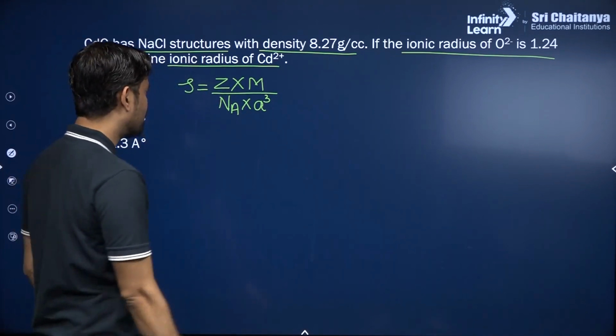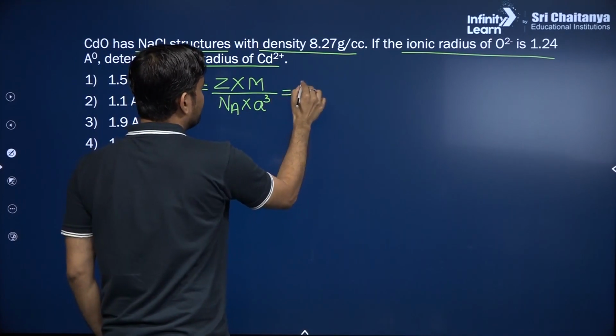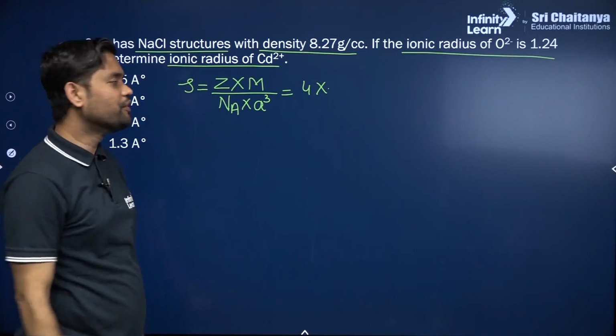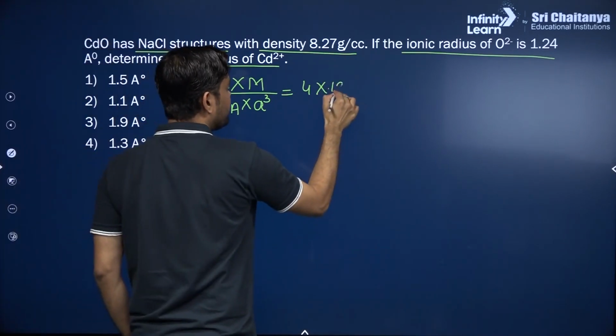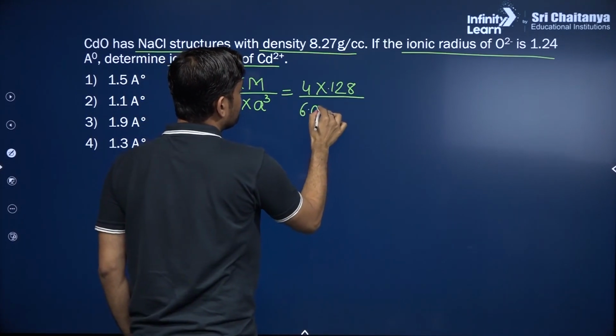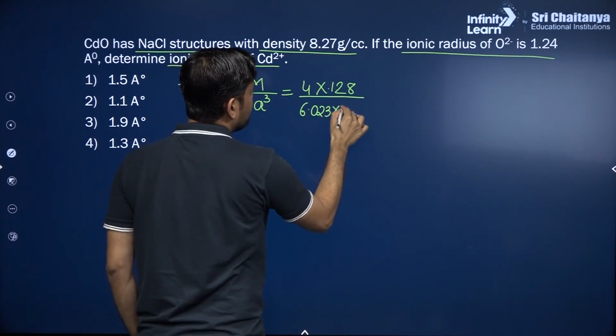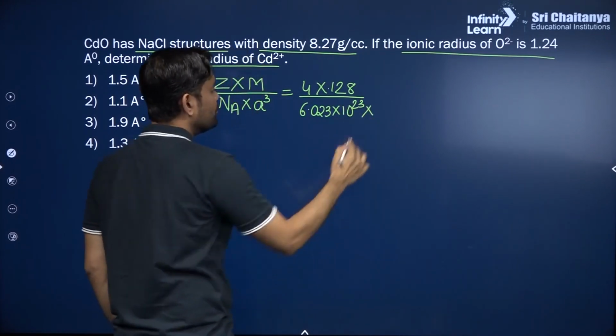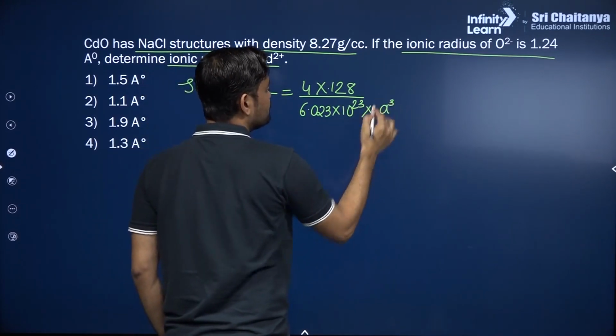Clear? Sure. So Z value is 4, right? Z value is 4. If you calculate the molar mass, it is 128. Avogadro's number, we know it is 6.023 into 10 raised to 23, into a cube.